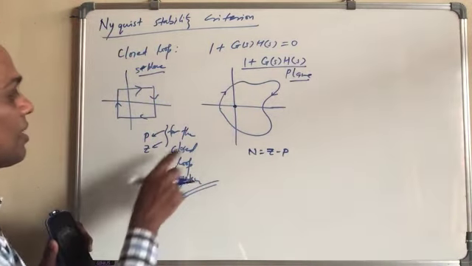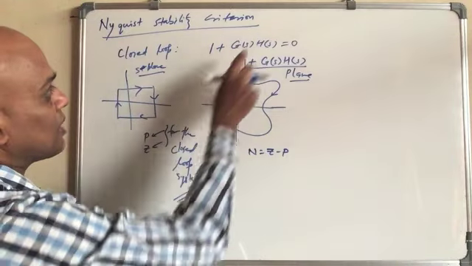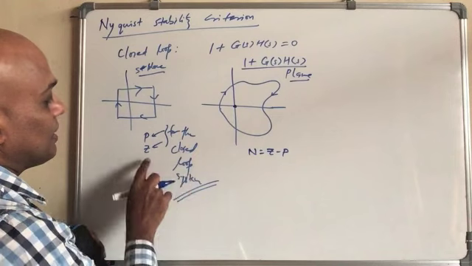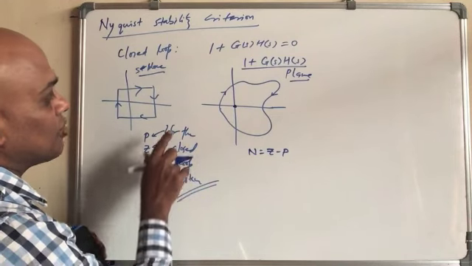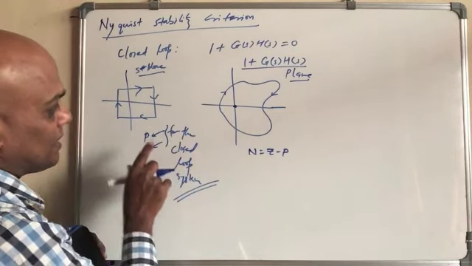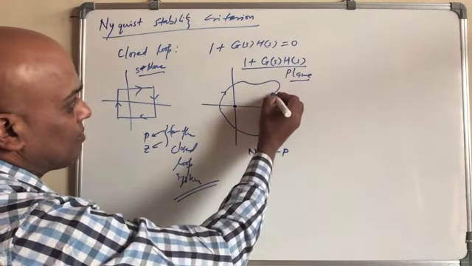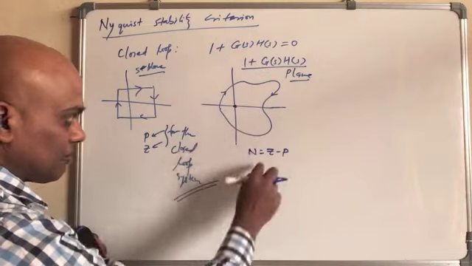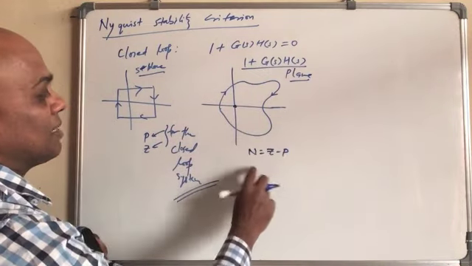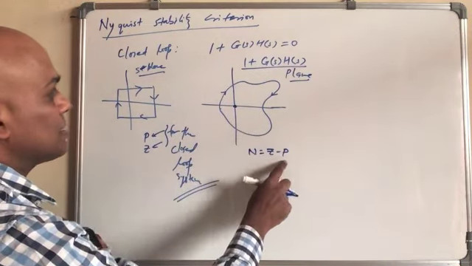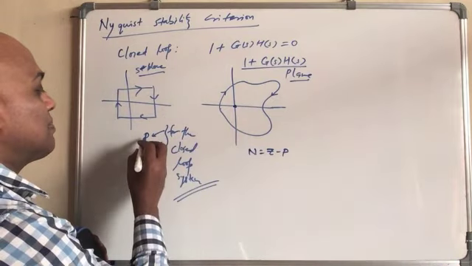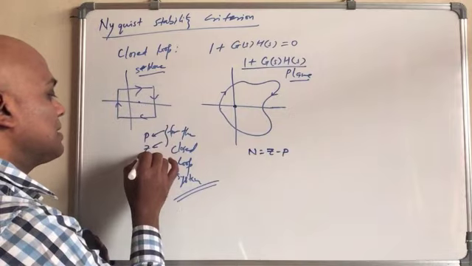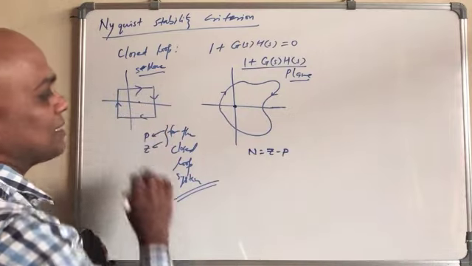If P is the number of poles and Z the number of zeros for the closed loop system, then the number of times this encircles zero in the clockwise direction will be N equal to Z minus P, where P is the number of poles inside this contour and Z is the number of zeros inside this contour.